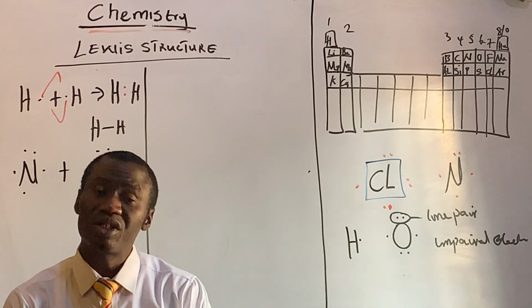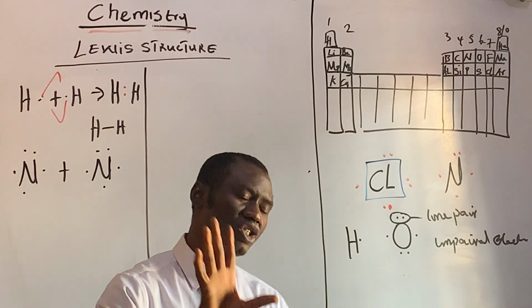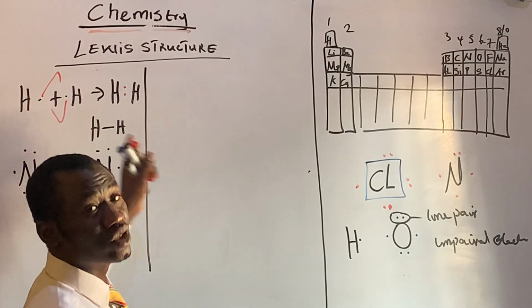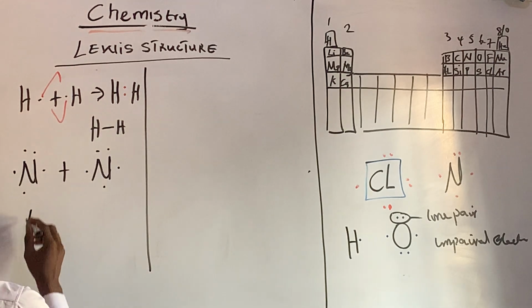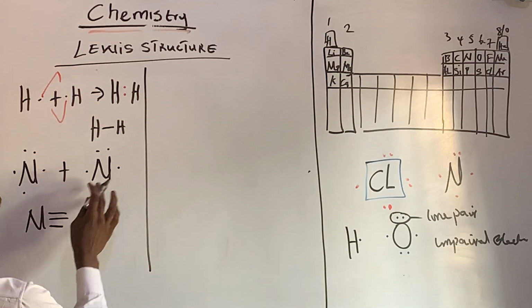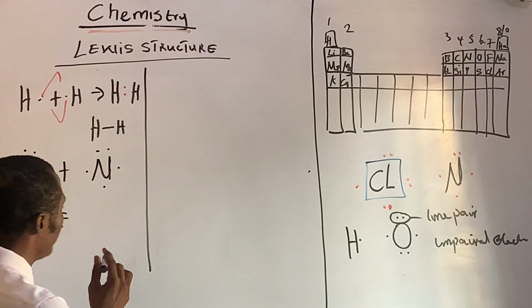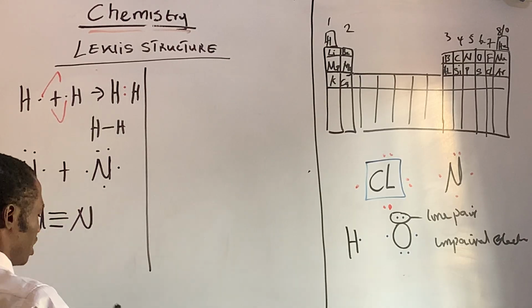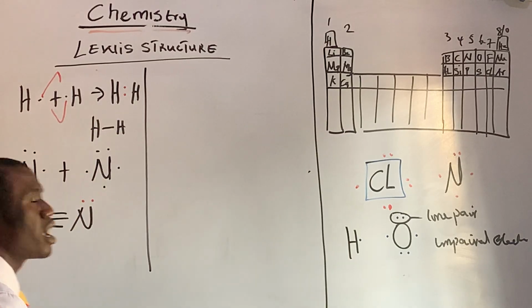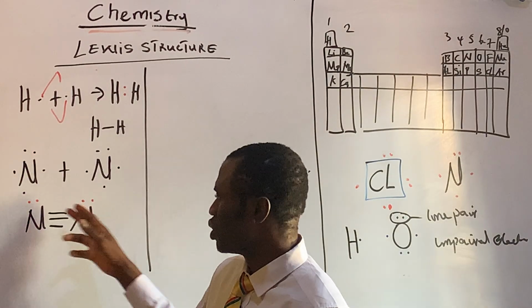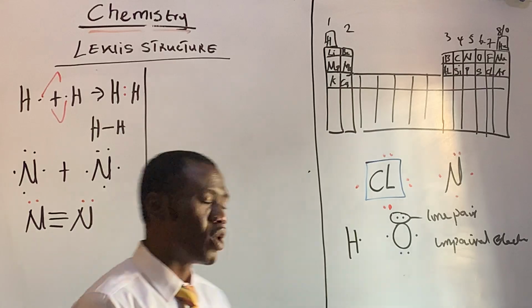So you see, nitrogen loves to form triple bonds, while oxygen and hydrogen love to form single bonds. All these electrons combine with all these, and then you have the lone pair on each nitrogen. Now, it has a lone pair on each atom and a triple bond between them.